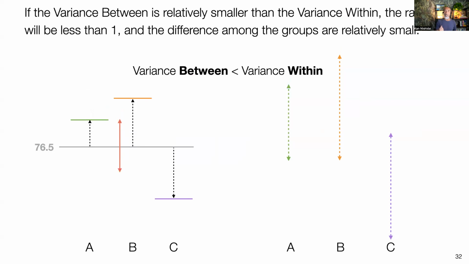Okay, and that means the differences among the groups are relatively small, meaning this red line is relatively small, which basically means that the differences among these 3 means are not that big. That's kind of small relative to the variance in the data, the variance after you take the means out. Okay.